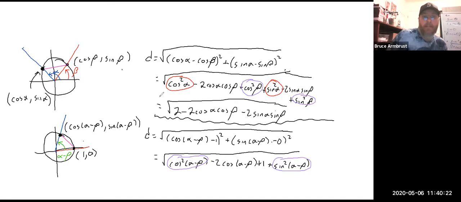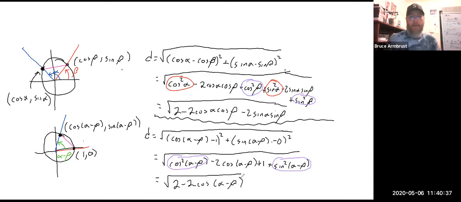So I can actually turn that into a 1, which then makes this the square root of 2 minus 2 cosine of alpha minus beta. And the 2 right here came from the 1 from the cosine squared and sine squared plus that other one that was just floating right here.